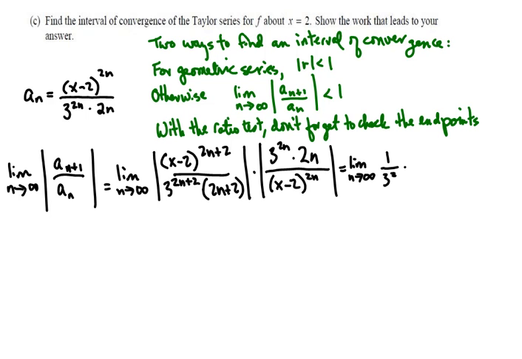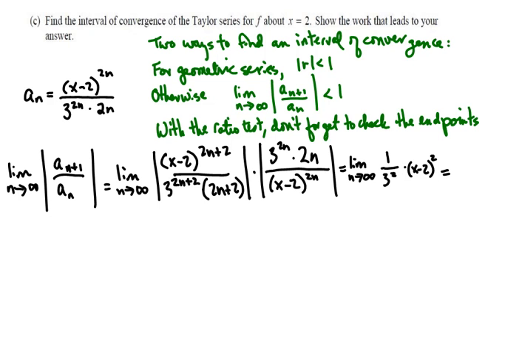Then I have 2n over 2n plus 2, and the limit of that as n goes to infinity is simply going to be 1. So that goes away. And finally we have, in absolute values, (x minus 2) to the 2n plus 2 over (x minus 2) to the 2n, and that's going to give me (x minus 2) squared. And because that x minus 2 is squared, the absolute value is also not necessary there.